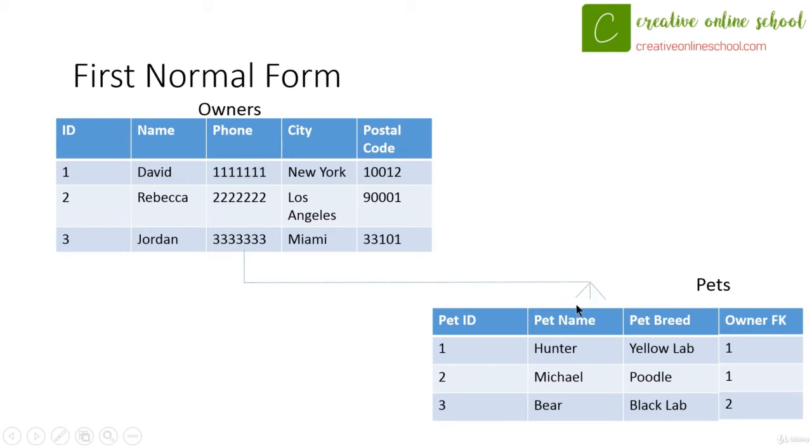If you remember from the last lesson, what this means is that there is a one-to-many relationship, meaning that one owner can own many pets. As you can see, the foreign key 1 inside of the pets table is known as the owner David, as you can see right here. So David owns more than one pet.